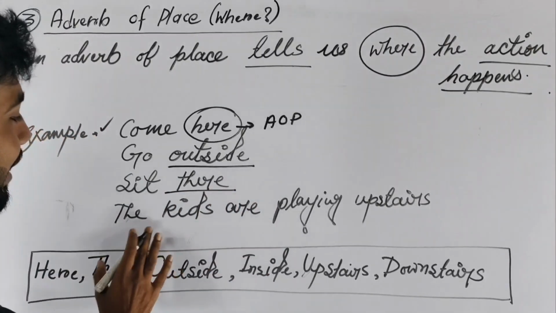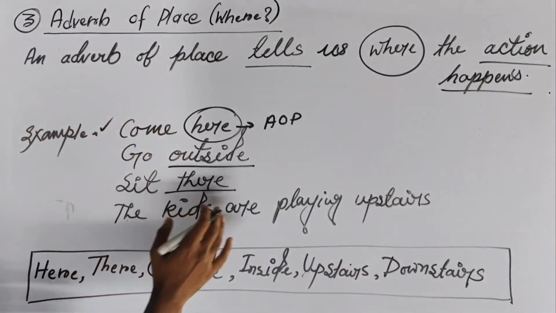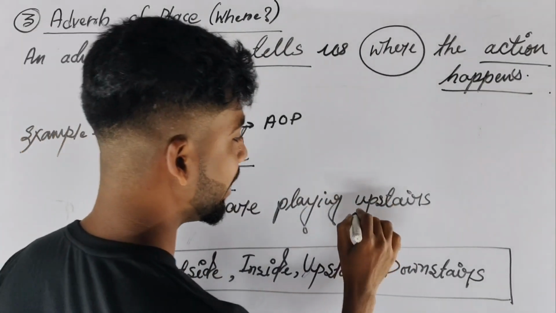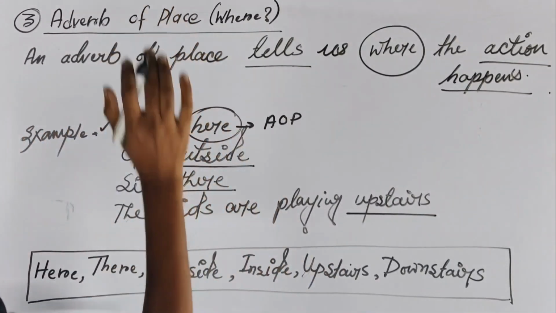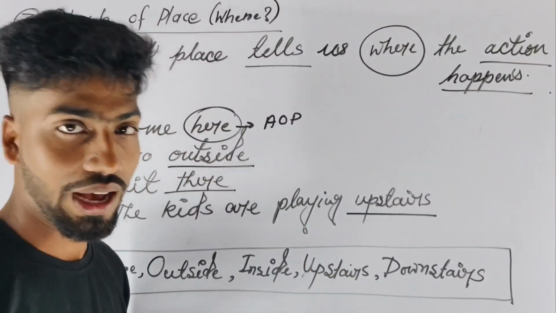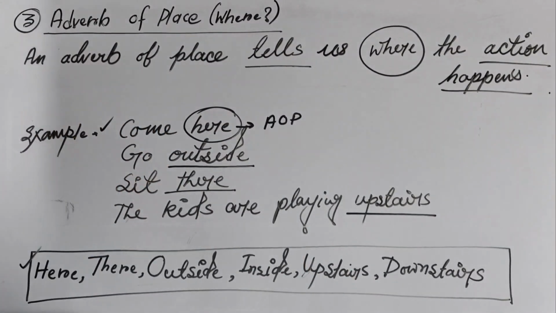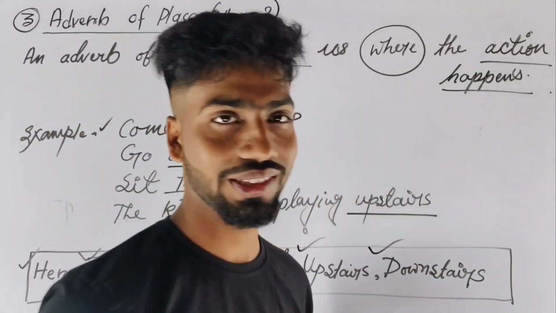And last one, the kids are playing upstairs. Here, upstairs. These words are called adverbs of place. Most common adverbs of place are here, there, outside, inside, upstairs, and last one, downstairs.